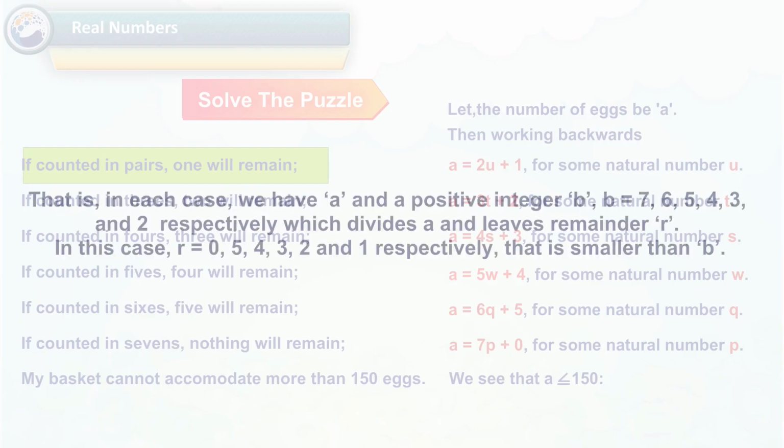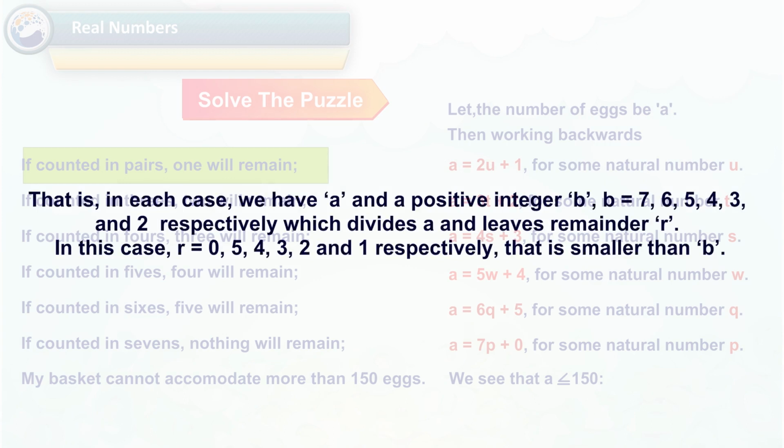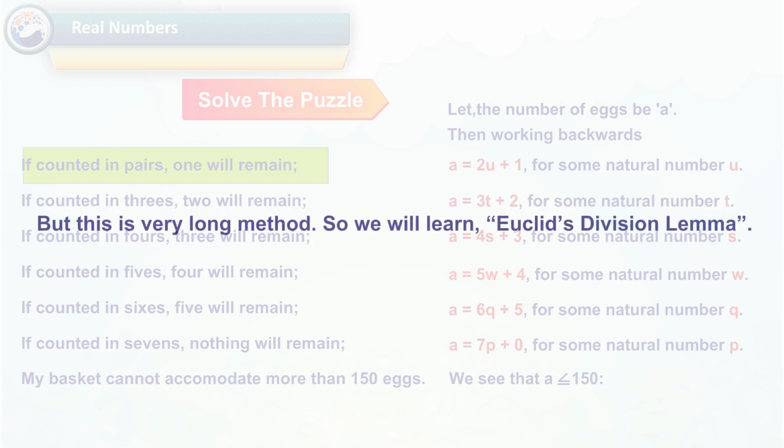That is, in each case, we have A and a positive integer b. b takes values 7, 6, 5, 4, 3 and 2 respectively, which divides A and leaves the remainder r. In our case, r is 0, 5, 4, 3, 2 and 1 respectively. That is smaller than b.